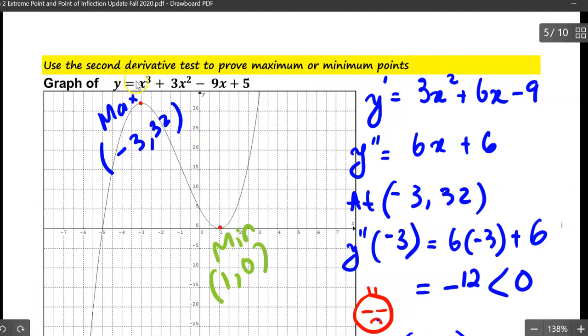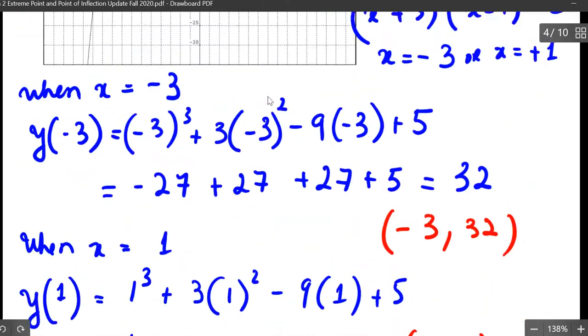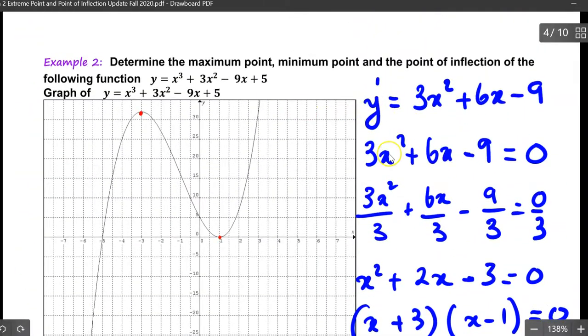This function is given to me as x to the exponent 3 plus 3x squared minus 9x plus 5. And when I graph this, I got a shape of the graph like this. For me to find the extreme points, because I don't know whether it's a max or a min, I take the first derivative and set it equal to 0, because right at this point, if you draw a line tangent to this curve, it has to be a horizontal line.